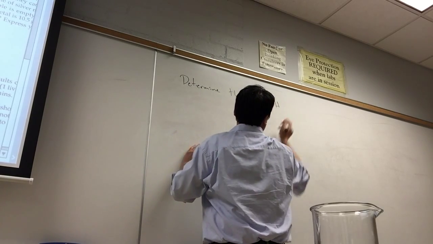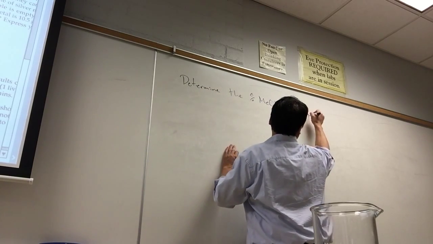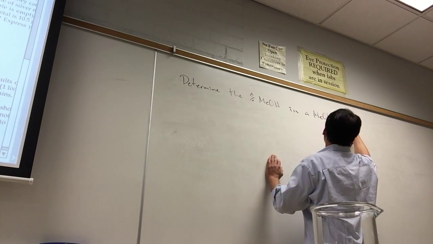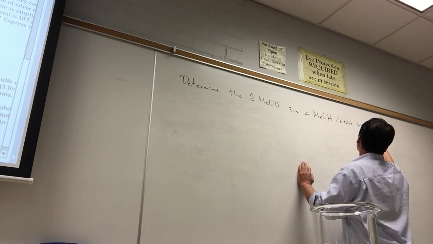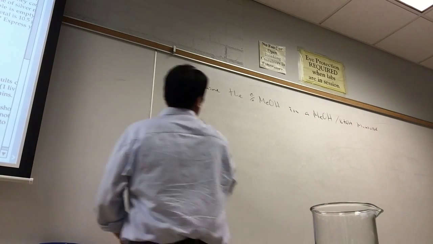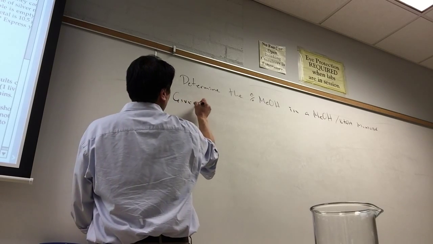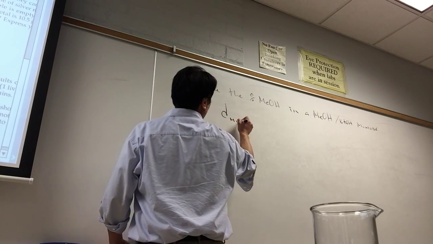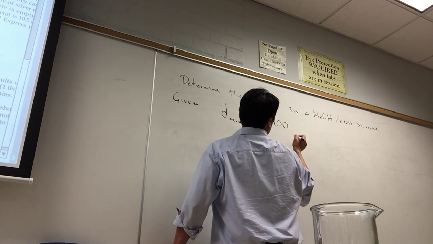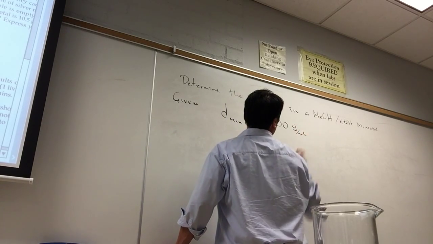I want you to determine the percent methanol in a methanol-ethanol mixture, given the density of the mixture is equal to 0.7900 grams per milliliter.